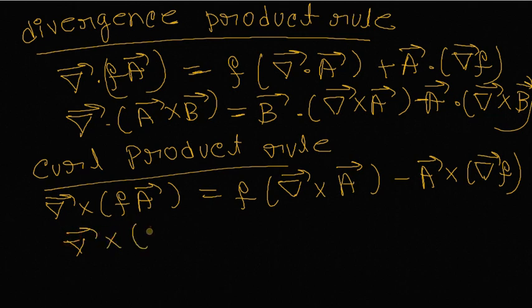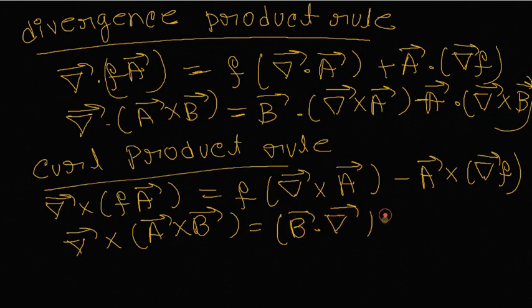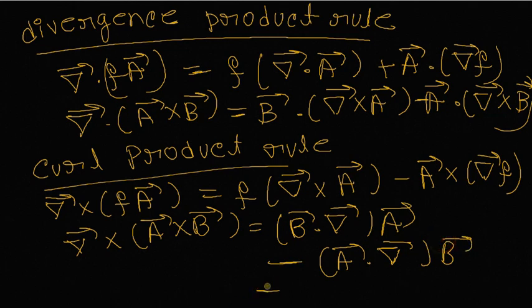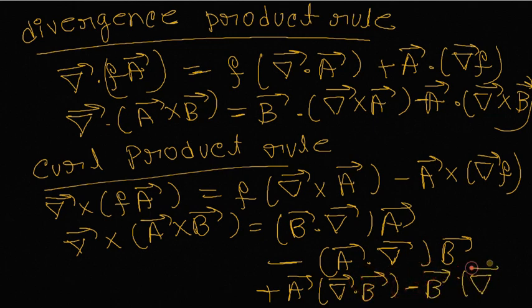Again, del cross A cross B is equal to B dot del A vector minus A dot del B vector plus A del dot B minus B del dot A.